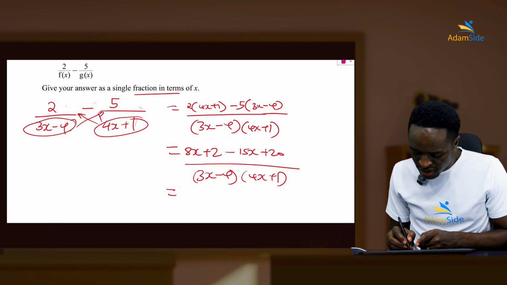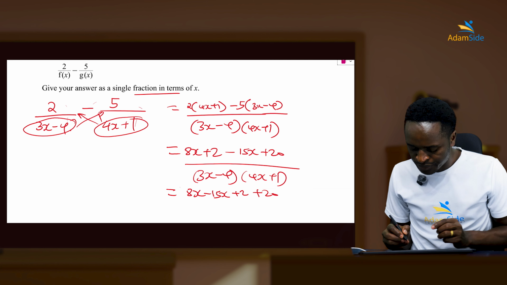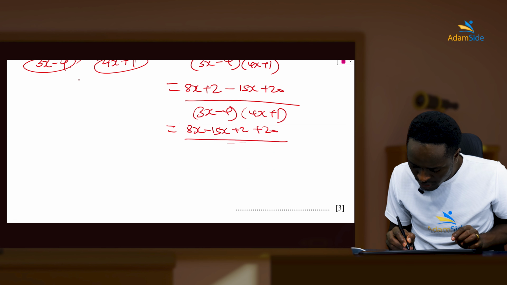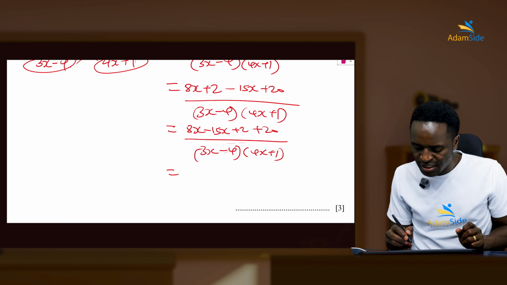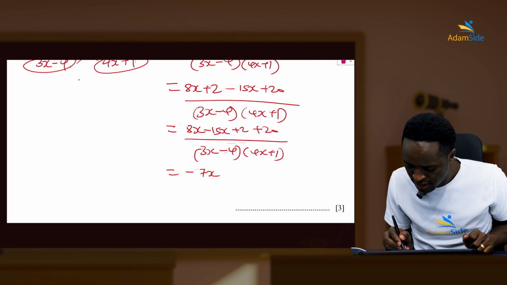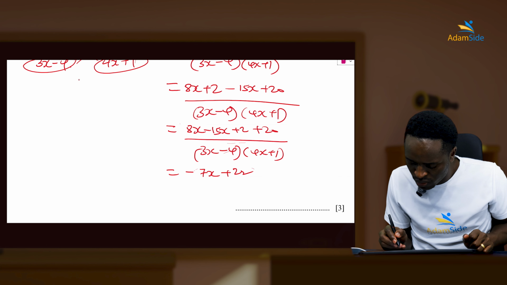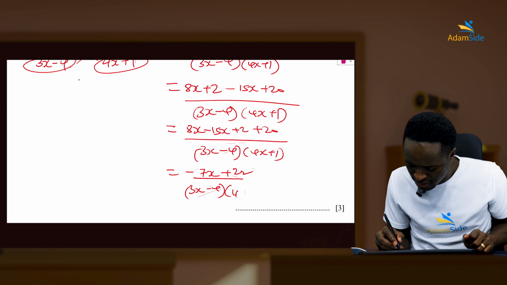So collect like terms on the numerator: 8x minus 15x plus 2 plus 20. So you end up over 3x minus 4, 4x plus 1. 8x minus 15x is minus 7x, then plus 22, over 3x minus 4, 4x plus 1.